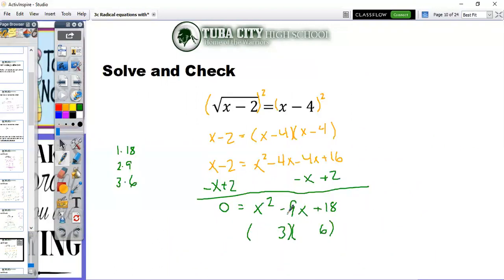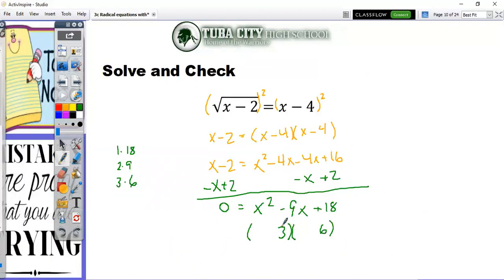So this means that they are either both positive or they are both negative. And the other clue we have is to look at this middle sign. Since it is negative, that means both of these will be negative. And if we check it really quick, it works out. -3 plus -6 is -9, and -3 times -6 is positive 18.